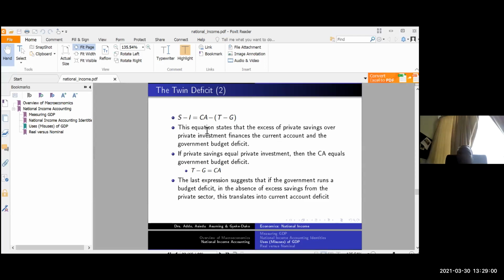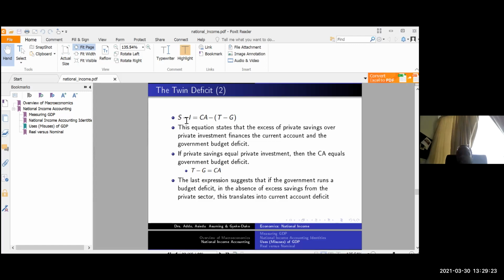If after all my consumption and investments I have only 100 Ghana cedis, I'm not going to open an account and put it in a bank, for the bank to accumulate all the savings and give it out as loans and even finance government deficits. So it's a very simple equation, but a very powerful equation.